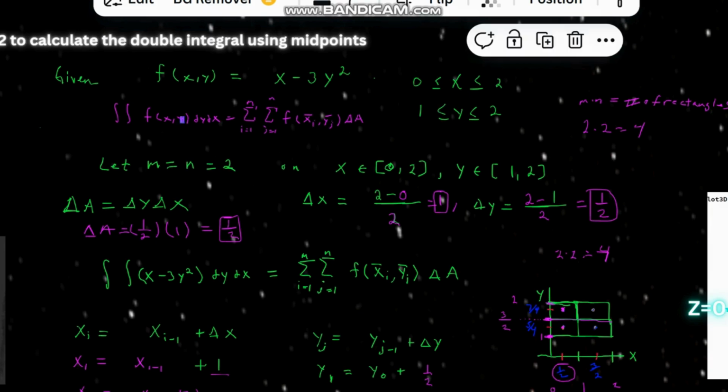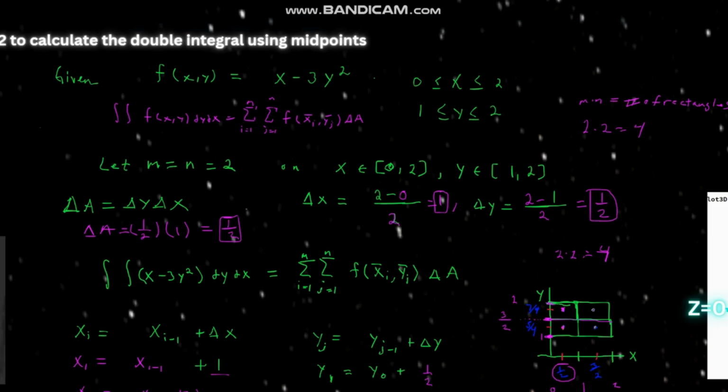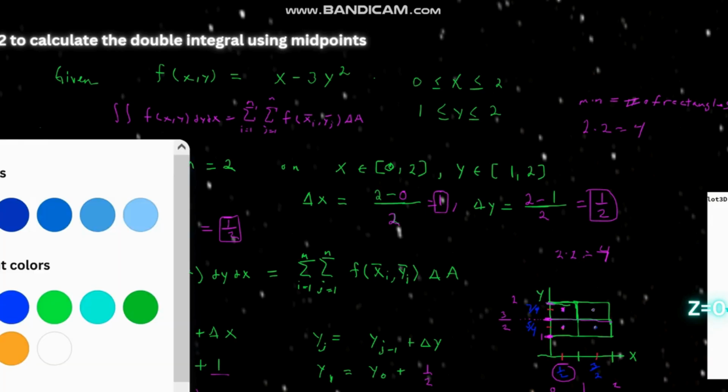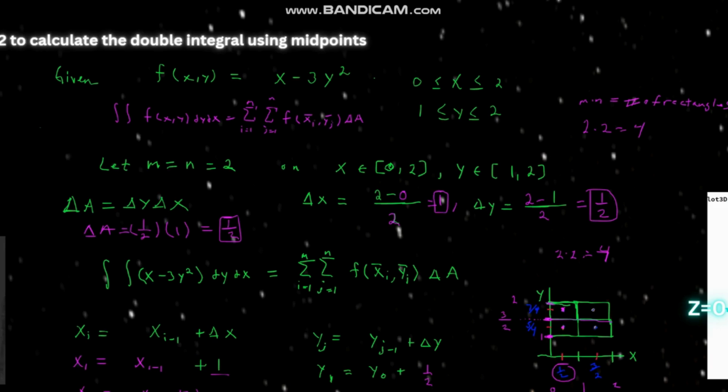Here's your formula for your Riemann sum, the function, and I did a table for midpoints over here. So let's start. They gave us 0 to 2 for x, and y was from 1 to 2.